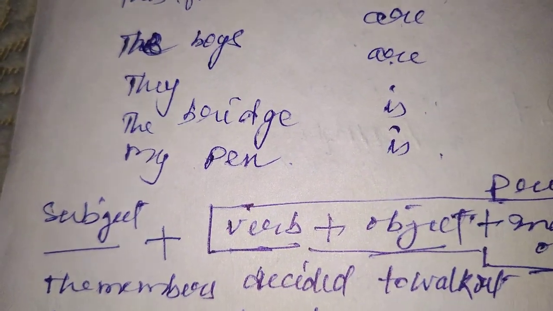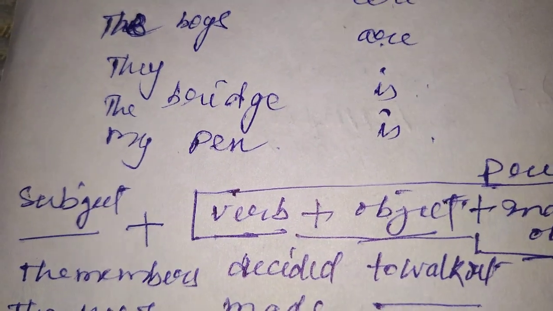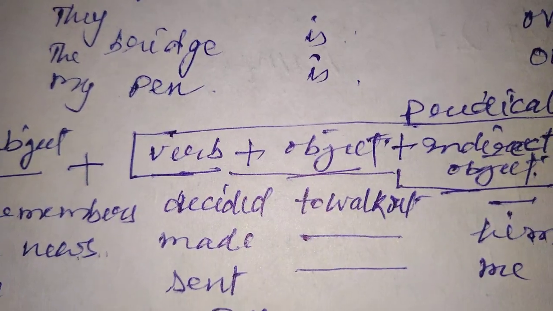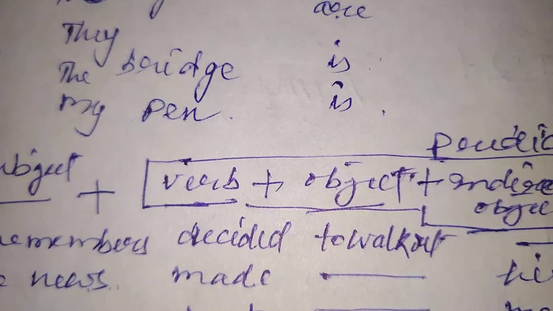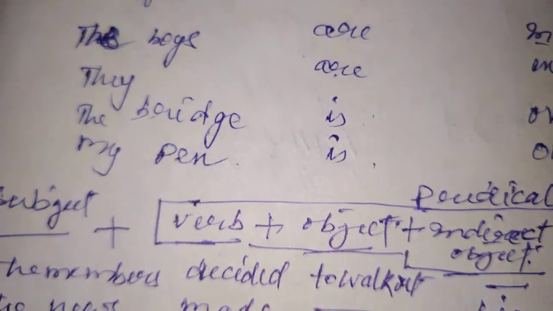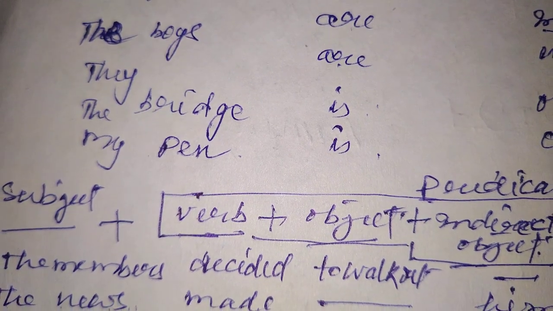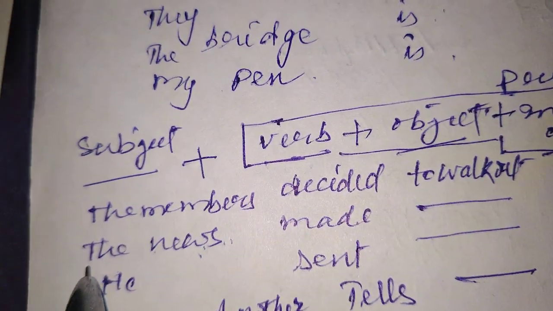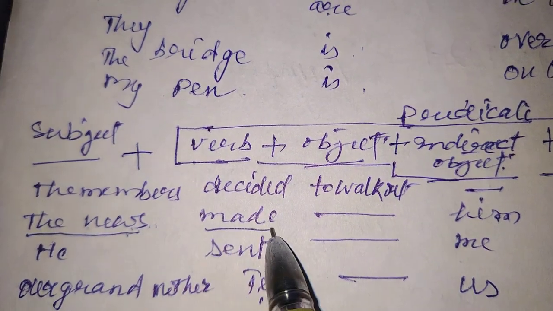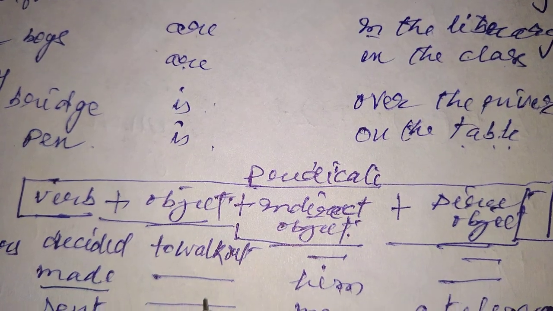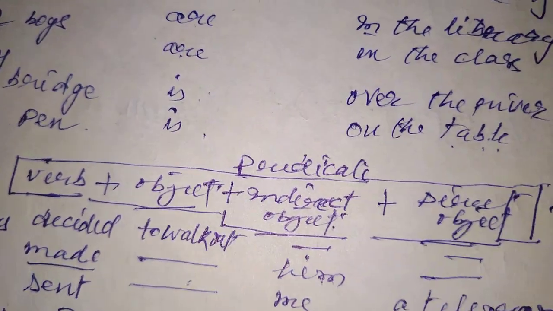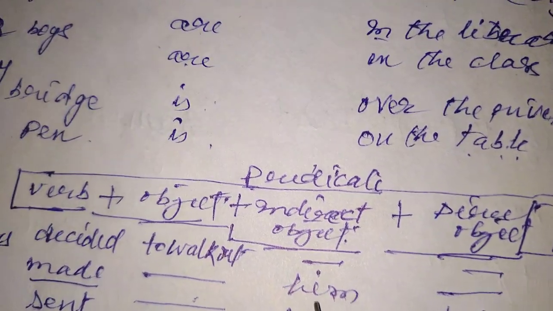The news, खबर ने बना दिया उसे, क्या बना दिया? Happy, खुश. खबर से वह खुश हो गया. So here the news is the subject. Made is the verb, and the object is not here, but he has made it as indirect object, him.